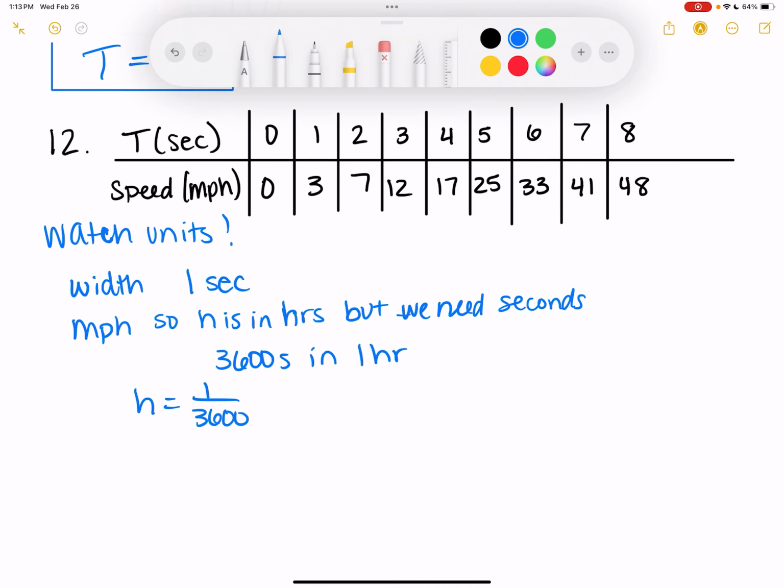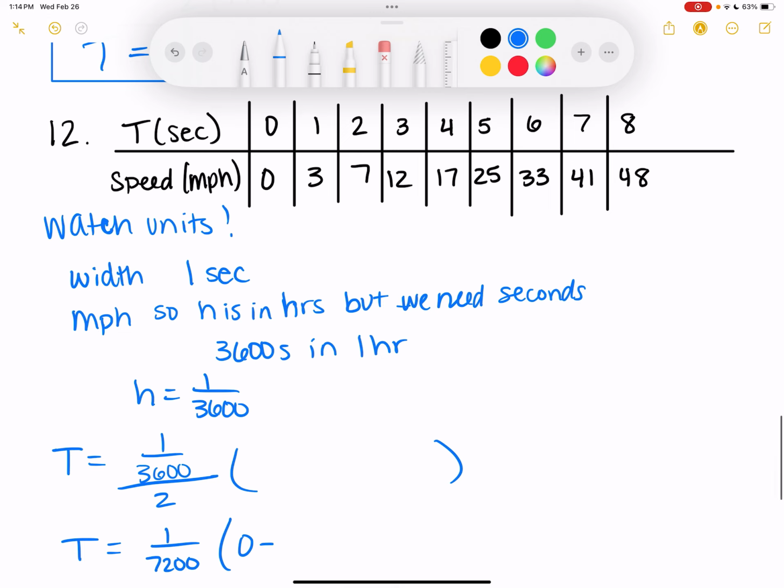So then h over 2 is 1 over 3,600 over 2. I'm going to rewrite this and call this 7,200 so that I don't have to rewrite this all a million times. So 1 over 7,200 times 0 plus 2 times 3 plus 2 times 7 plus 2 times 12 plus 2 times 17 plus 2 times 25 plus 2 times 33 plus 2 times 41 plus 48.